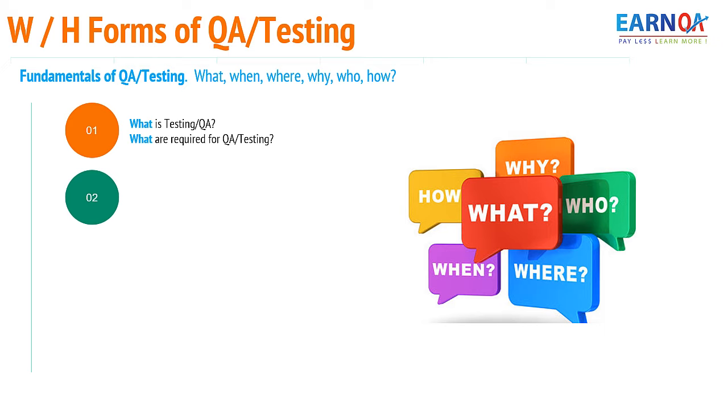Testing is the process of executing a program to check the issues in it, or testing is the process of verifying an application with the intention of finding defects. Or testing is the process of verifying an application to check if the application is behaving as per the requirements. There are so many definitions, and we already discussed them.